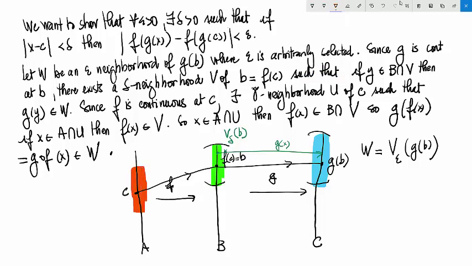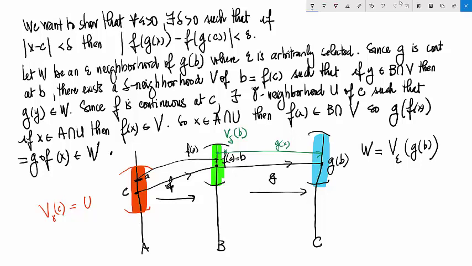So I can find this neighborhood around c, we call this neighborhood U, and U is a gamma neighborhood around c, such that if you pick any, say, a in here, then automatically you will guarantee that f of a will be in V delta of b.